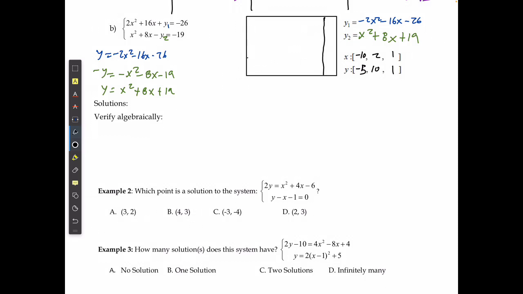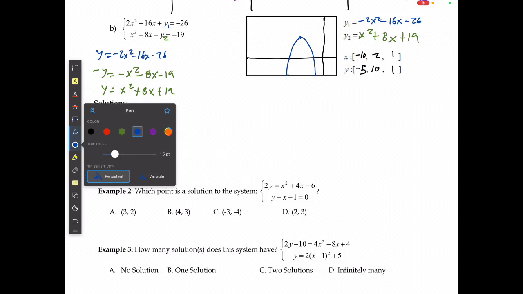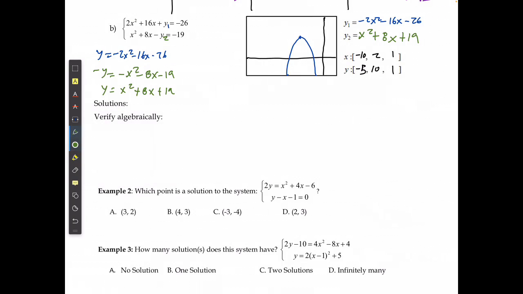And I'm going to graph out what I see. And I see something like this. And I have 2 points where they intersect.